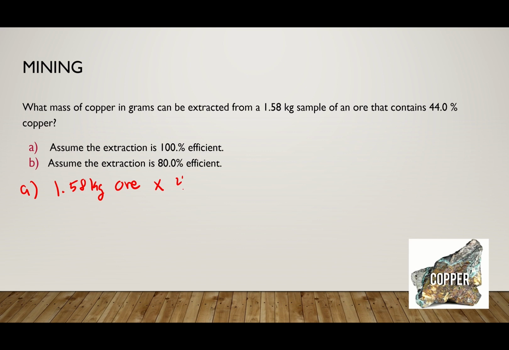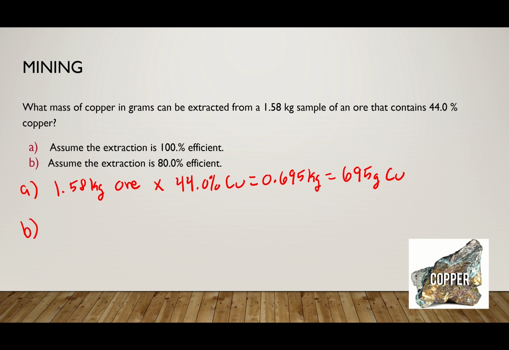Multiply that by the fact that copper makes up 44% of this, and we get that copper is 0.695 kilograms of the sample. We are asked to find this in grams, so this comes to 695 grams of copper.